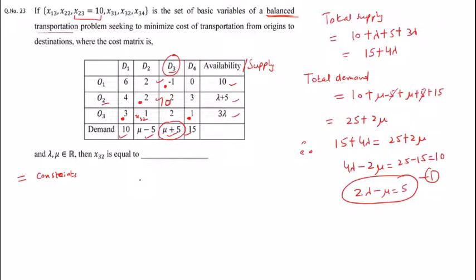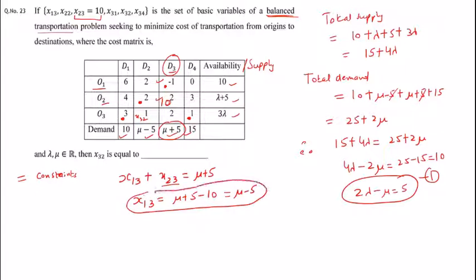So this means the value of X13 plus X23 should be equal to mu plus 5. I know the value of X23, so I am going to substitute that. So mu plus 5 minus 10, this is the value of X23 which was given to us. So this is mu minus 5. So I got another expression for X13. So now I know this is mu minus 5.